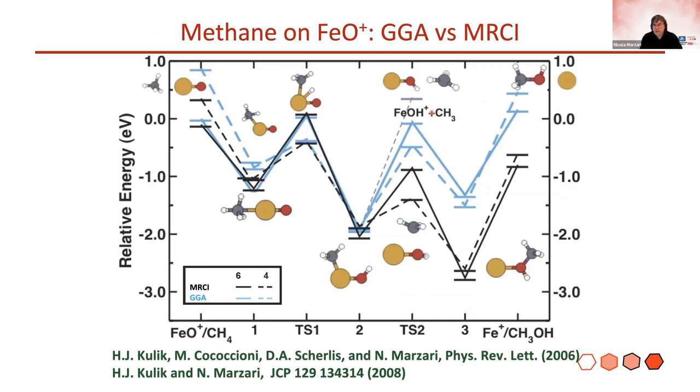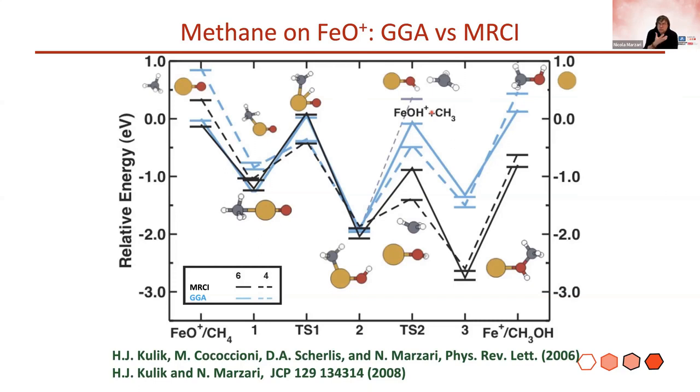And to show that DFT plus Hubbard has nothing to do with correlation, already 15 years ago, with Eder Kulik and with Matteo Cococcioni and with Damian Scherlis, we showed that DFT plus U can do great things, not only in solids, but in molecular systems. At that time, it was anathema. And we did something very interesting.